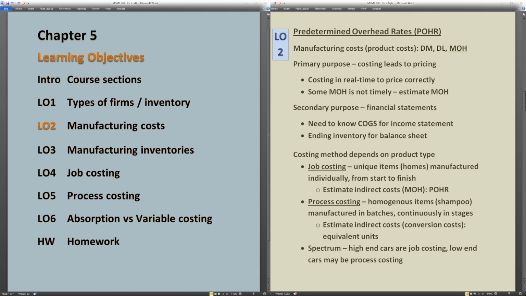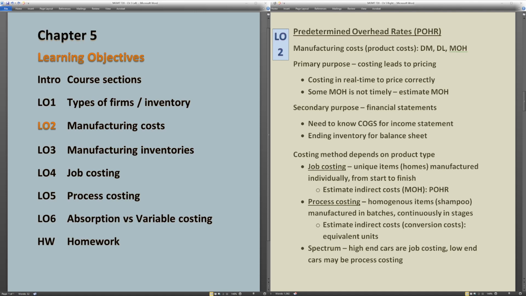Now, obviously, the direct materials, as soon as you put them in production, you know how many materials you've used. As soon as you've had someone work on the assembly line, you know how many hours and how much per hour the labor works. So direct materials and direct labor, by their very fact they're direct, you can track them in real time. It's the manufacturing overhead that we don't know.